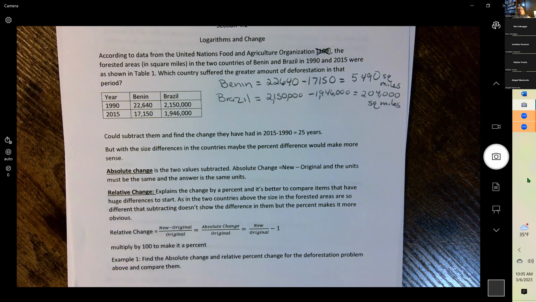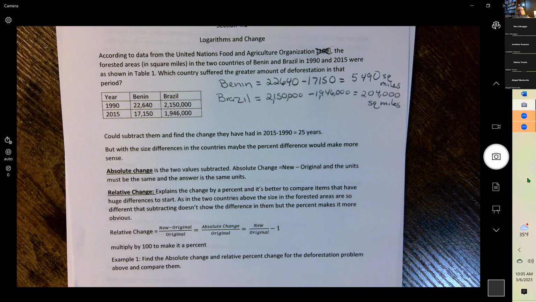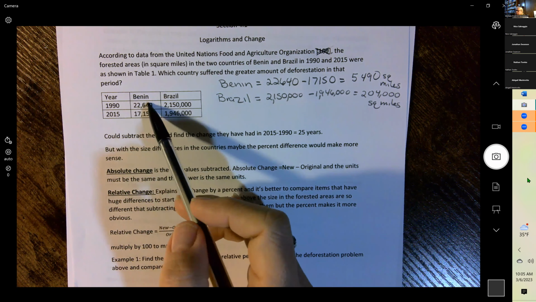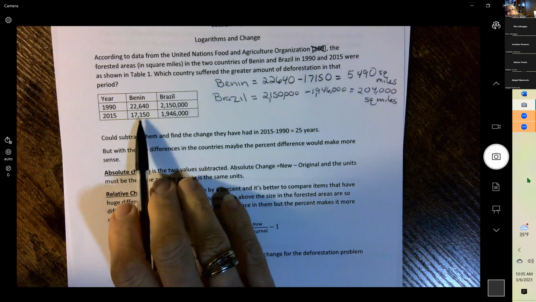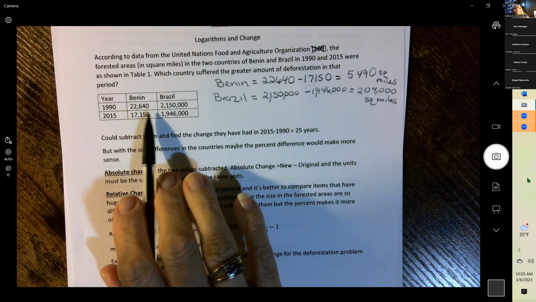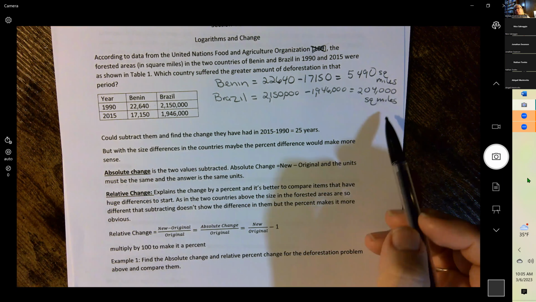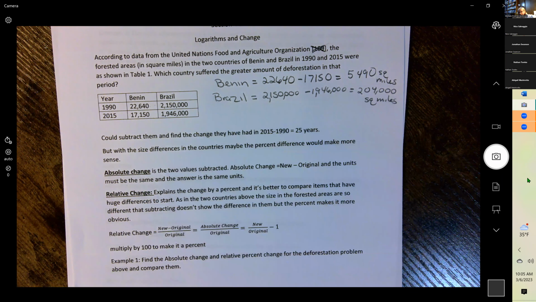And that definitely shows us that Brazil tore down more trees. But Benin didn't have as many to start with, so proportion wise, you can't really compare them. Although this is a lot of trees to be cutting down. If they have a lot of forest, maybe they should preserve their forest.